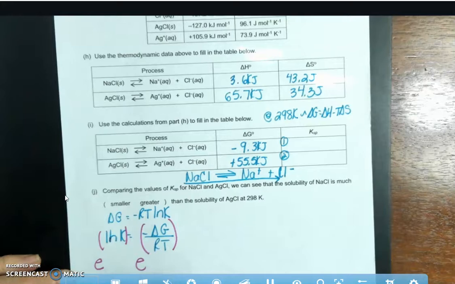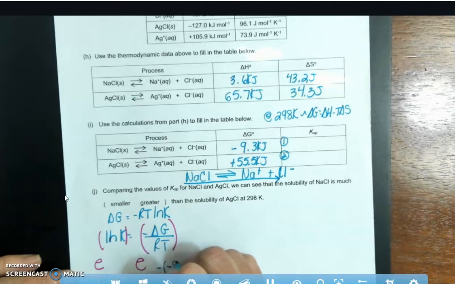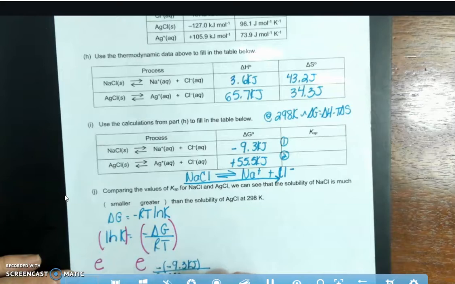So that means K is equal to e to the negative 9.3 kilojoules divided by 0.008314. Remember, we have to change R because R is in joules.